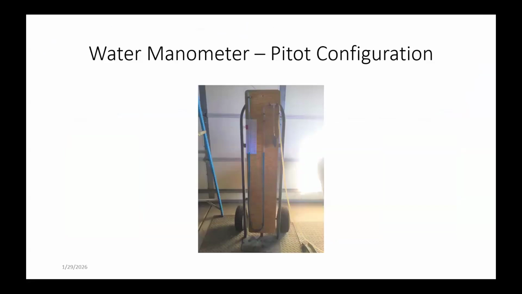Again, here's the manometer. This time we don't have the 60 cc syringe. The white card has the chart on it, the airspeed chart. And this is the same manometer that we had before.